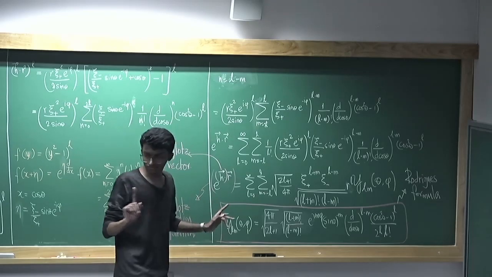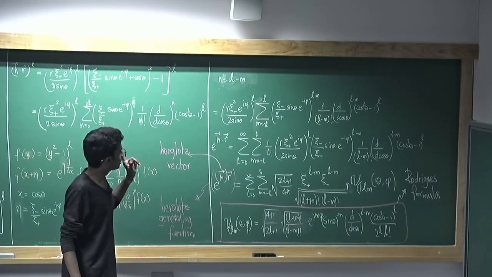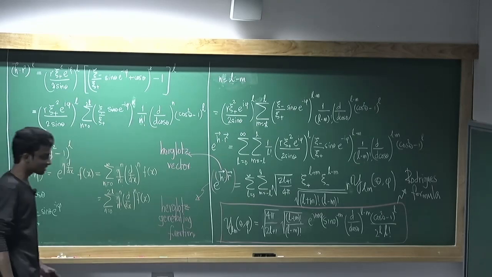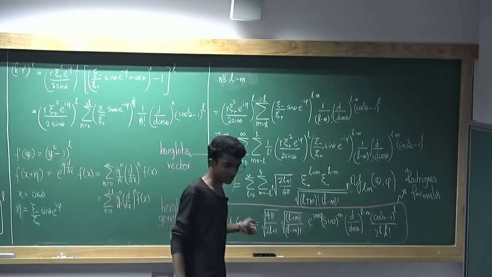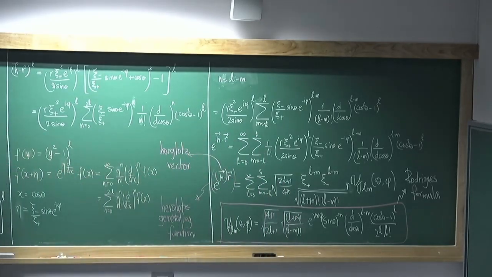And one last thing which I forgot to say is the following. Some of you might have noticed that we only got r to the l Y_lm as the solution. You might ask, if you put m equal to 0, that's r to the l P_l. But I remember from Griffiths that it's not just r to the l P_l, there is also 1 by r to the l plus 1 P_l.